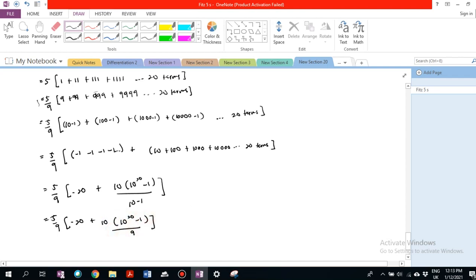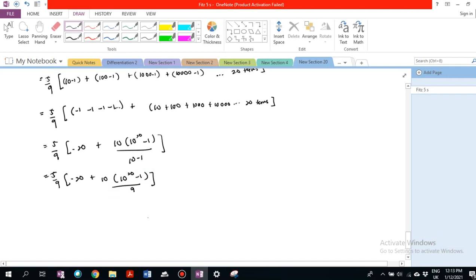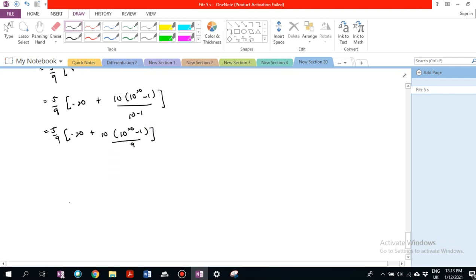Then you will get 5 over 9 times (negative 180 plus (10 to the power of 21 minus 10) divided by 9). So here you can simplify it to become 5 over 81 times (10 to the power of 21 minus 190). So we have proven this.